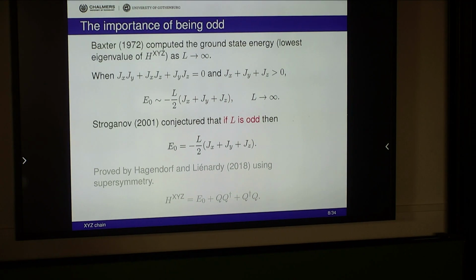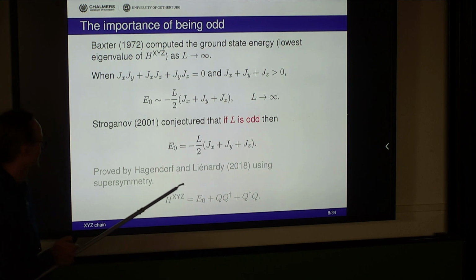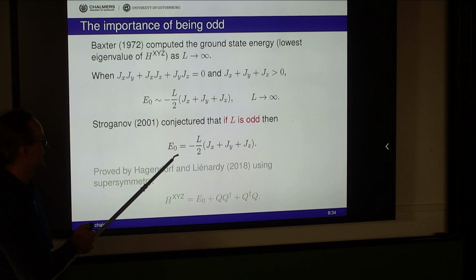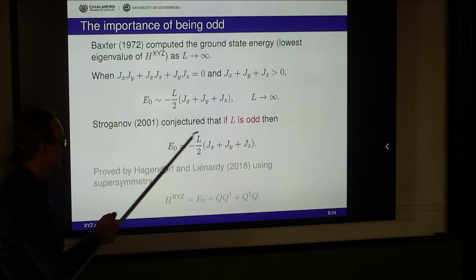But what Stroganoff noted was that this seems to hold exactly. Okay, so this answers your question, Jesper. It's an example of this finite solvability: for chains of odd length, it seemed that this holds exactly. So the lowest eigenvalue of the Hamiltonian is exactly this.